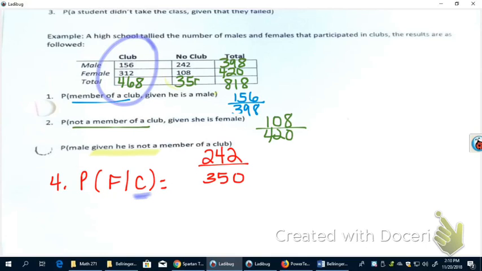Okay? So what number would go on the bottom if I'm only looking at clubs? Okay. Then I want the probability of female. How many females do we have? And so that's how you do that one. So if they write it in letters, it's the same as the words, but you just have to know what that notation means. That little line means given, so the second thing is always given.